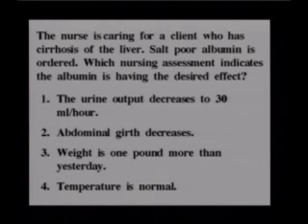So if you give the patient albumin IV, it will pull fluid in the bloodstream, reduce the ascites, reduce the edema in the abdomen, and you will actually be measuring that abdominal girth at least every shift, sometimes more frequently. Now the urine output would increase because they're going to urinate off the urine. The weight would go down because water weighs, and when you get rid of it, you weigh less. Temperature is not a factor here.